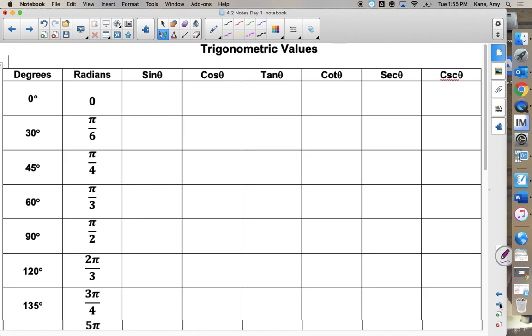But before we do that, I'm going to define each function just above it so that we have a little reminder. Sine y, cosine x. The tangent is y over x, so the cotangent, x over y. Y over x, x over y.